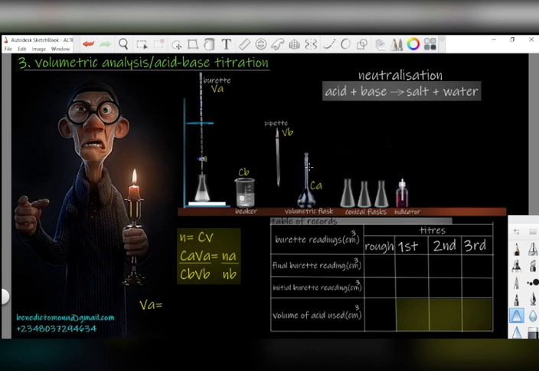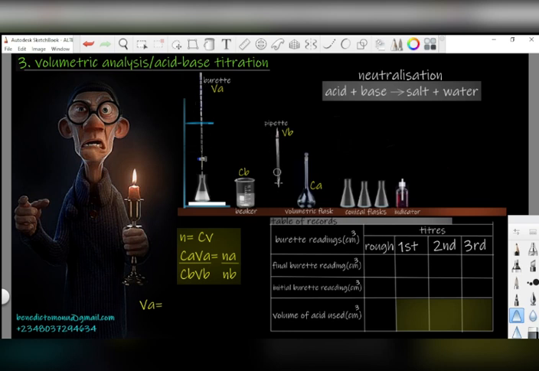water. What we do is we have, let's say, the base in a beaker like this. We have the acid in a volumetric flask like this. We have a burette. It's usually calibrated to 50 centimeters cube or 50 milliliters, which is the same thing.